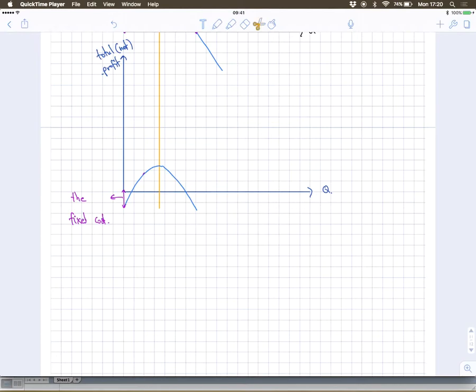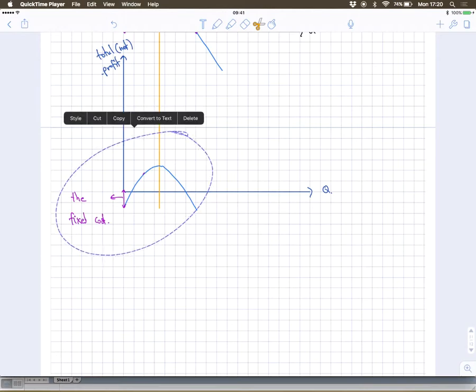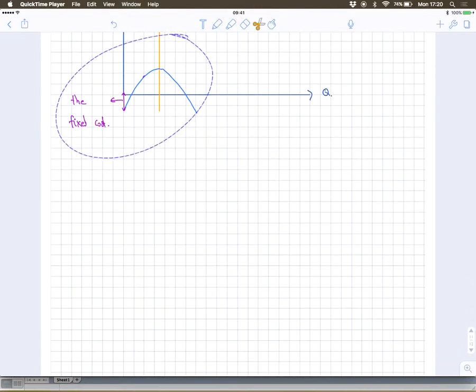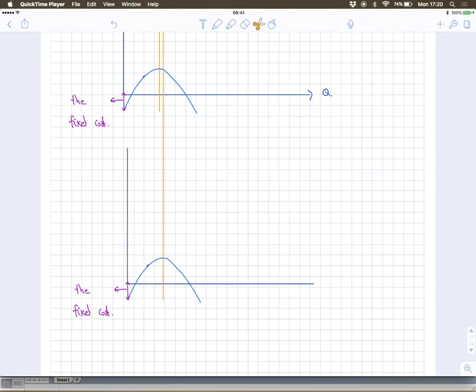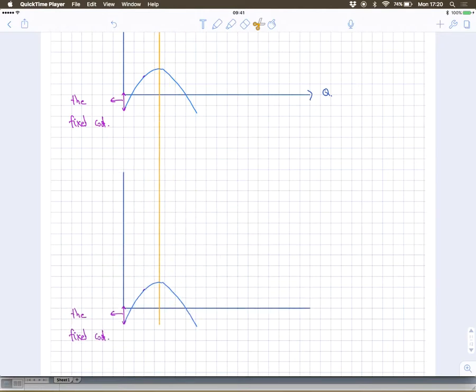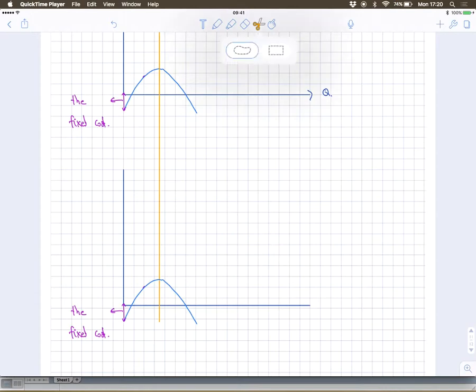What if the fixed costs were really extreme? So what if the fixed costs were really big? So let's actually take this. Let's make the fixed cost a little bit higher.